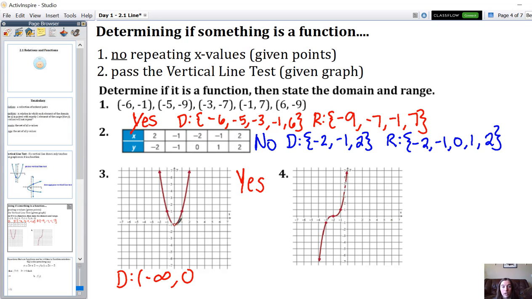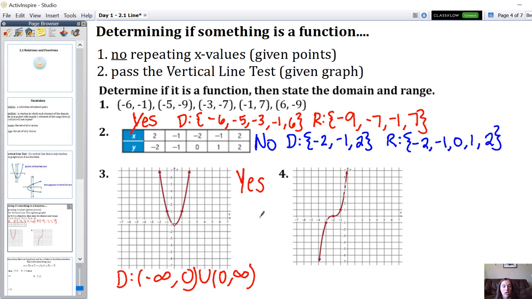And then because it's a hole and not a filled-in circle, we're going to use those parentheses. And then I'm going to put the union. Now, since this also starts at 0, I'm going to start the next part of my interval at 0. The reason being is because 0 is not part of this function, so I can't include it in my interval. That's why we have the parentheses instead of brackets. And then we're going to the right forever and ever, so we're going towards infinity.